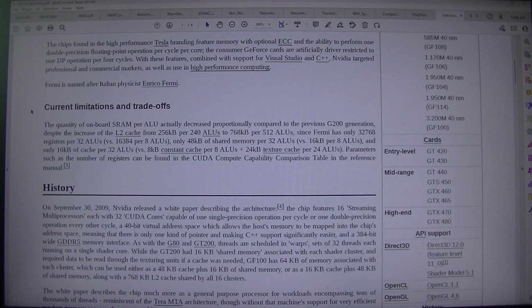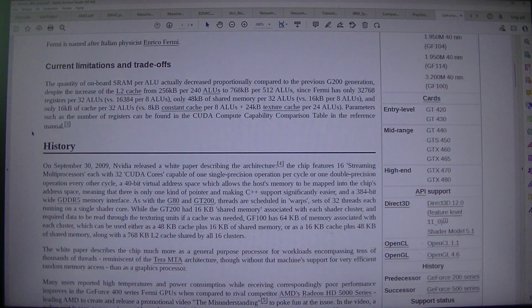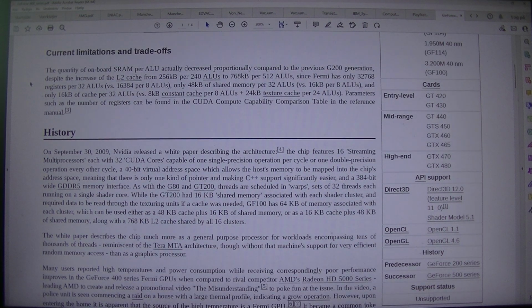Current limitations and trade-offs. The quantity of onboard SRAM per ALU actually decreased proportionally compared to the previous G200 generation, despite the increase of the L2 cache from 256 KB per 240 ALUs to 768 KB per 512 ALUs, since Fermi has only 32,768 registers per 32 ALUs, versus 16,384 per 8 ALUs.